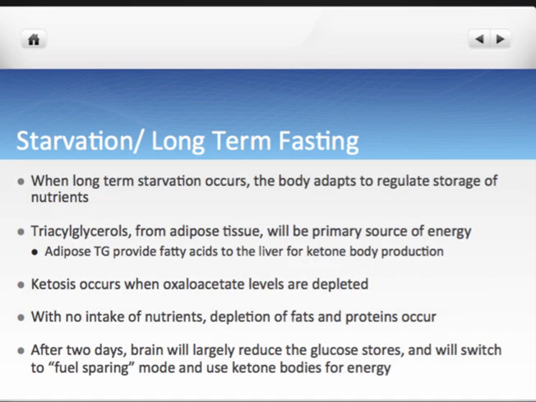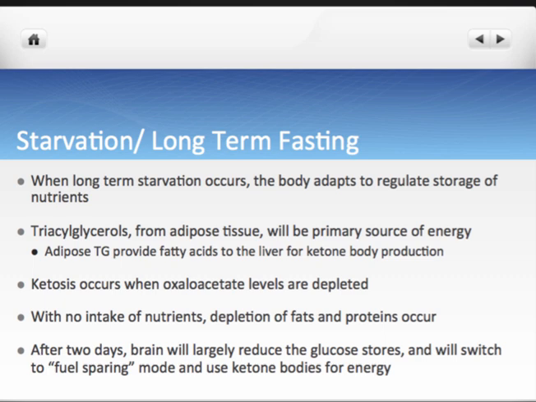And then finally, we're going to be talking about starvation, and this is long-term fasting. When we hit this point, after 2 days to several weeks, the body starts creating physiological adaptations to store as many nutrients as possible. It's trying to minimize the nutrients lost because it doesn't know if there's going to be dietary nutrients coming back in.